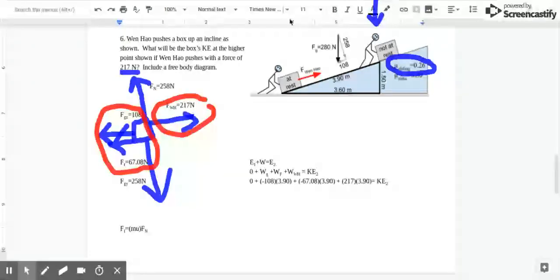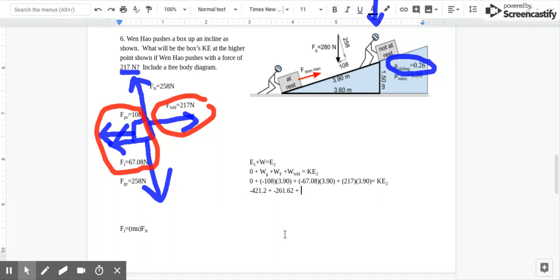So when I calculate this, I've got 3.9 times the weight component. That gives me a negative 421.2. The 67.08 times the 3.9 gives me 261.62, so that's a negative.